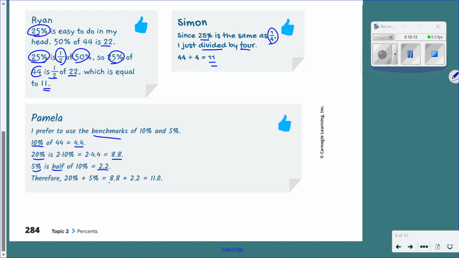So I put those two together and I get 11. That's how you're supposed to use the benchmarks, guys. You break it into ones that are easy to do. Everybody makes sense on this? Okay? So for all of you that didn't do your benchmarks, that is the concept. Break it into the pieces and then you put those pieces back together.